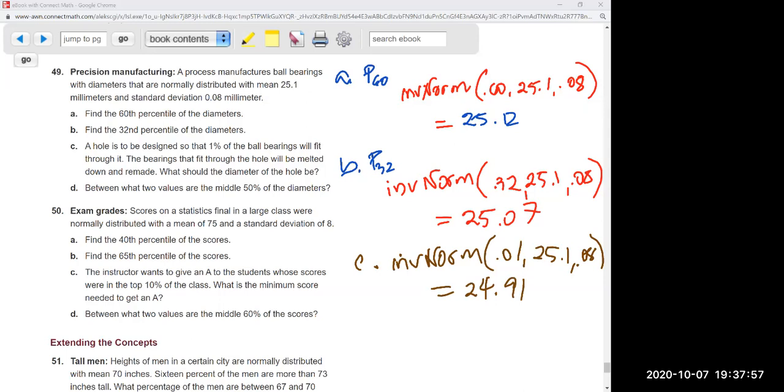Okay, and last one, not between, middle 50%.